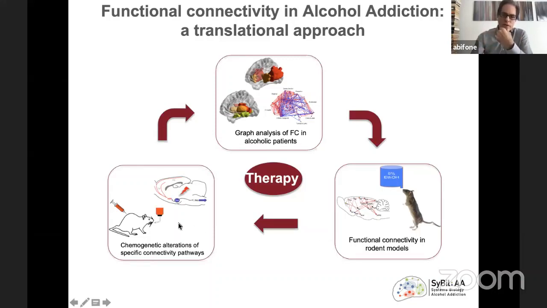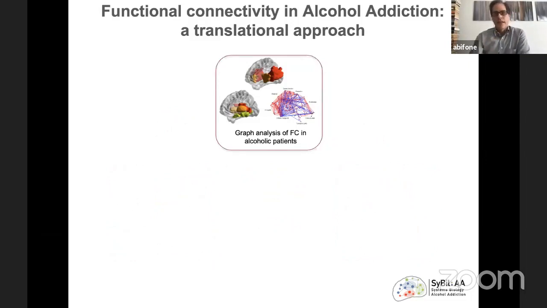And then we used some sophisticated neurobiological tools to try and change connectivity and see whether this can change the pattern of behavior. Finally, we have attempted to bring some of the findings and the understanding that comes from this process into the clinic by performing a clinical trial to test the hypothesis that tweaking functional connectivity can actually have a therapeutic effect. Let's start from the beginning.